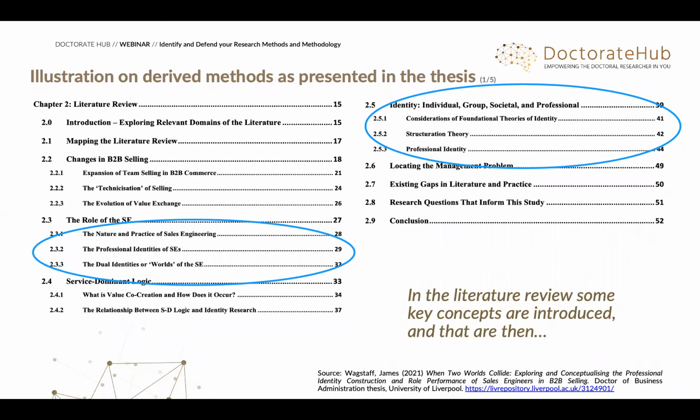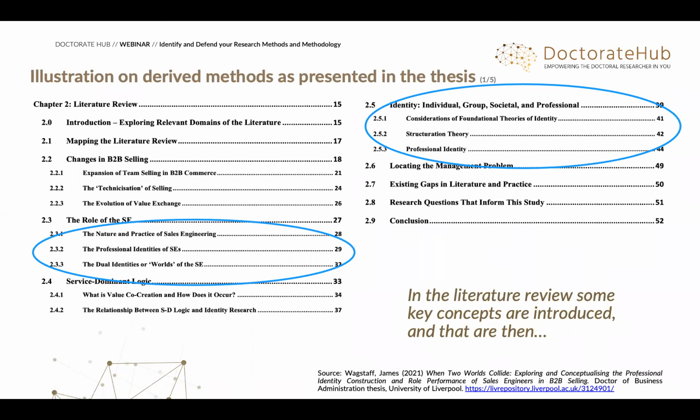And then in 2.3, you will see something coming in that talks about the nature and practice of sales engineering, abbreviated SE, the professional identities of sales engineering, and the dual identities or worlds within software sales engineering.